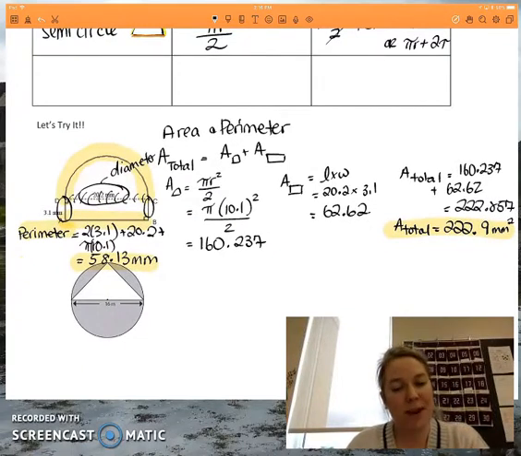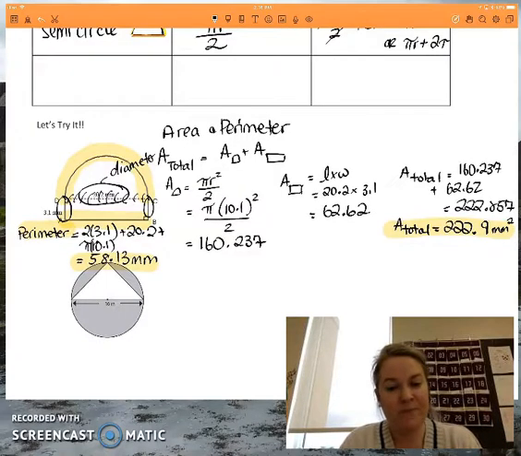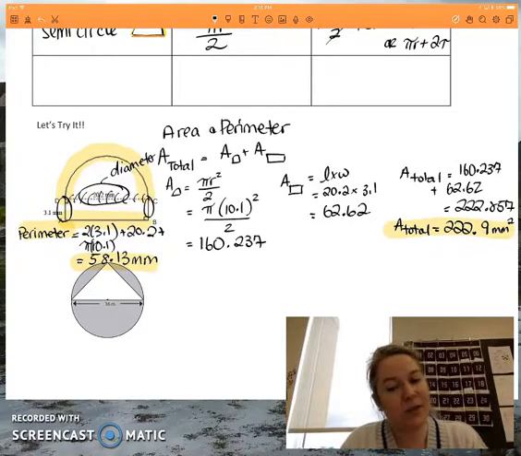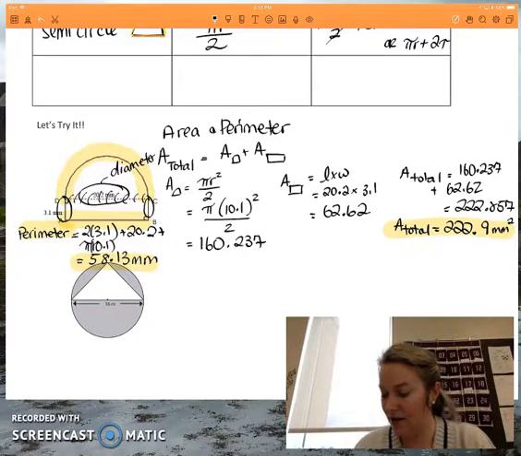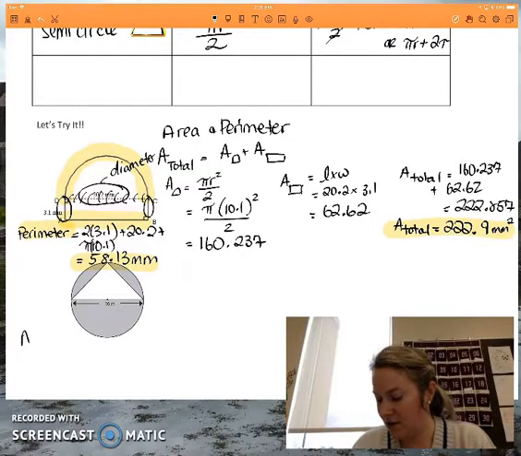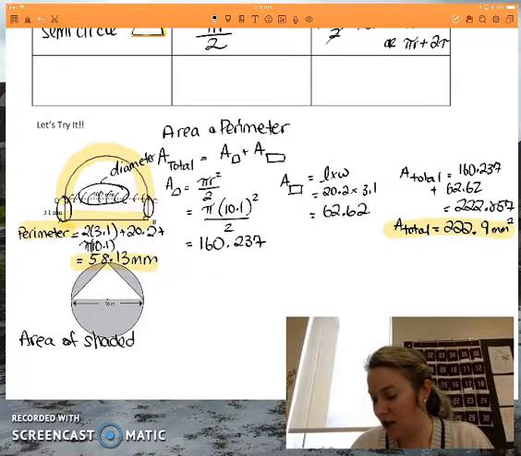So this shape, what you'll notice is it's not the addition of 2 shapes together, it's a shape within a shape. And these types of questions, we're always going to ask you to find the area of the shaded section. So the area of the shaded shape.